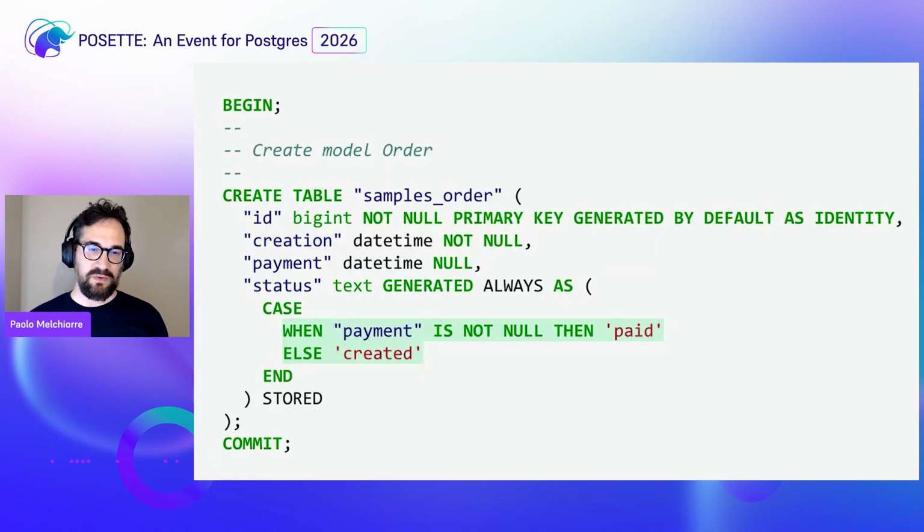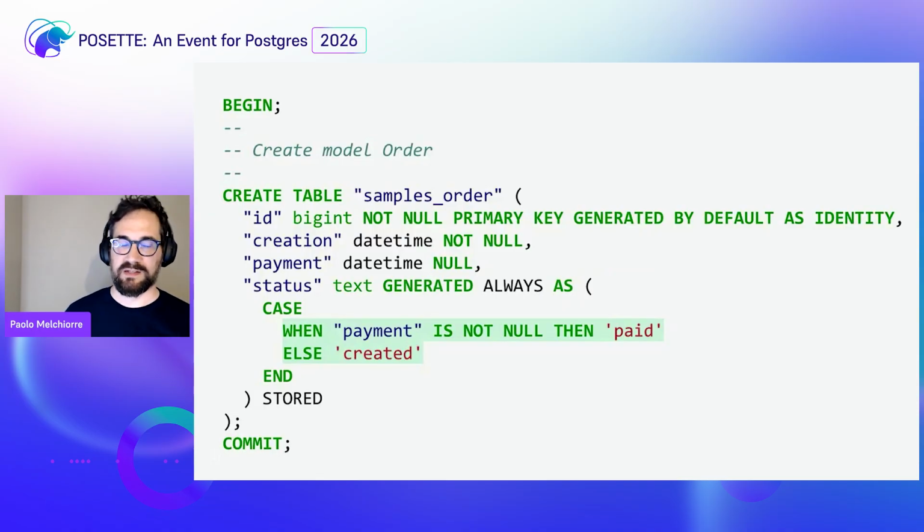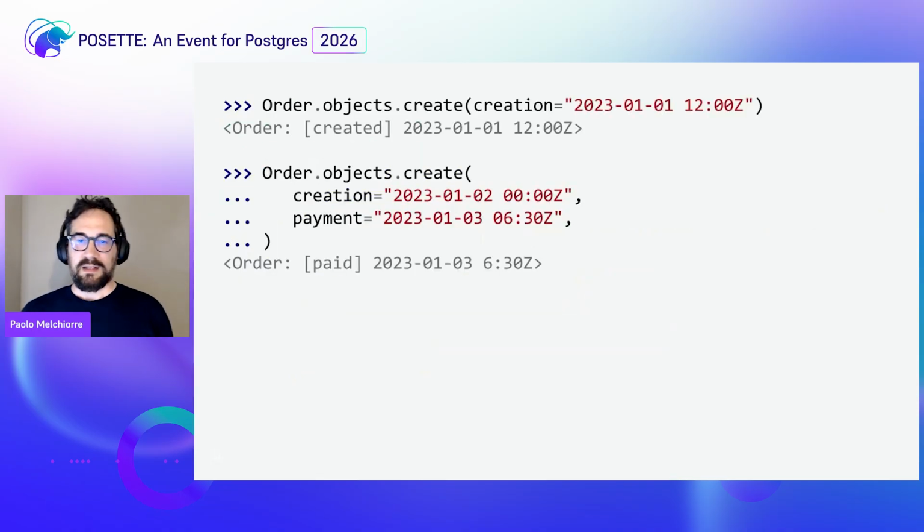It's very easy to read. If the payment is not null, then the status is paid, otherwise it's created. Let's move to the Django shell. The creation here is straightforward. If we only put the creation datetime, we have this created status, or otherwise, in the second example, we have the paid one.